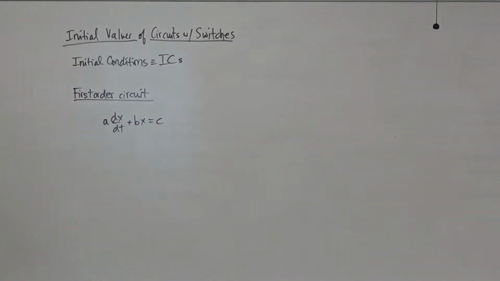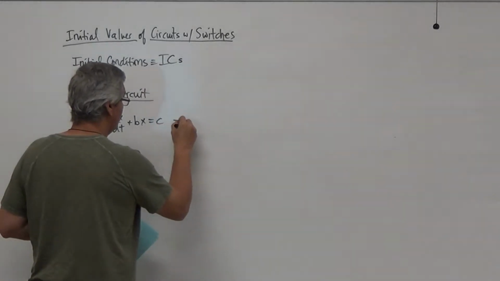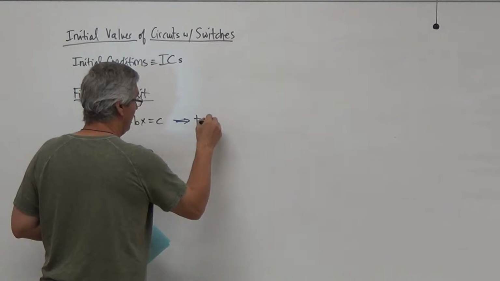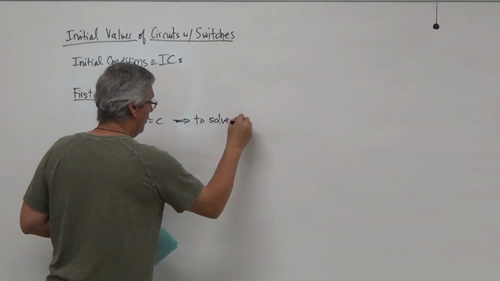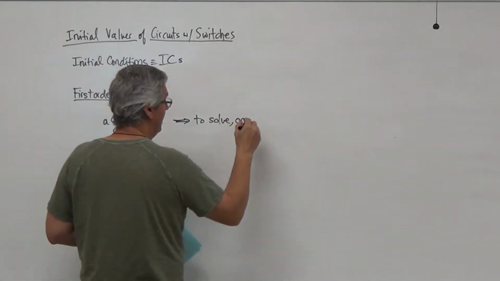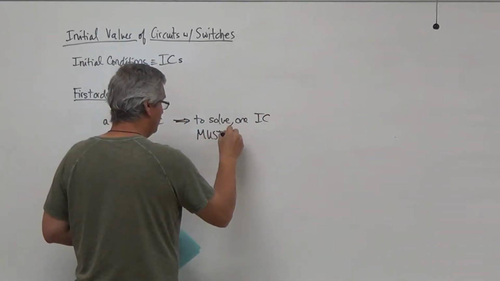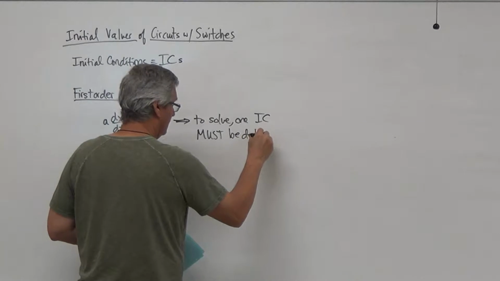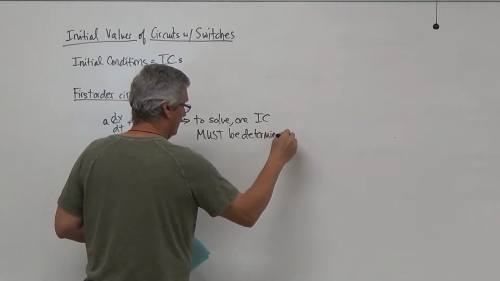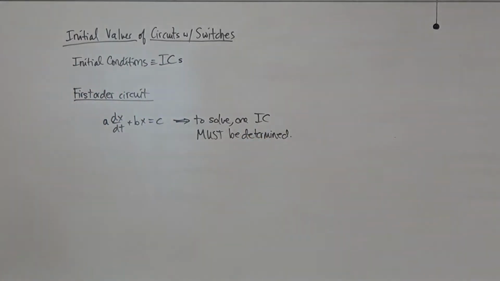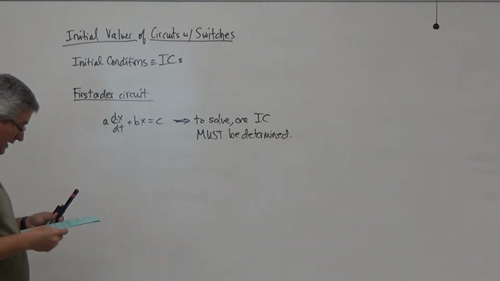And what we know here is that because this is a first order circuit, you get one arbitrary constant. So this implies here that to solve this, one initial condition must be determined. Okay, that's what you learned in differential equations. And what you're finding out is that this is what happens here.